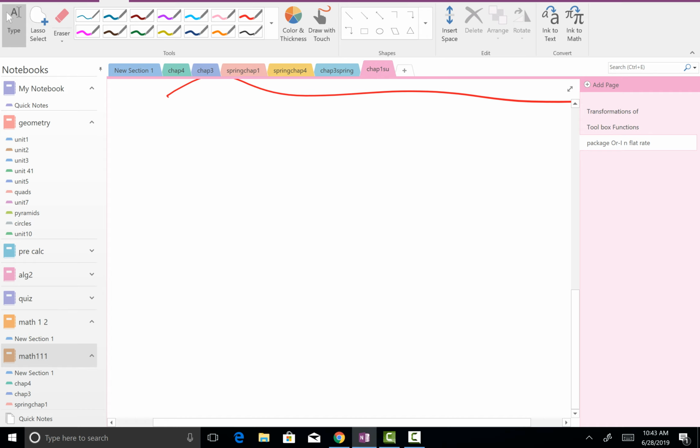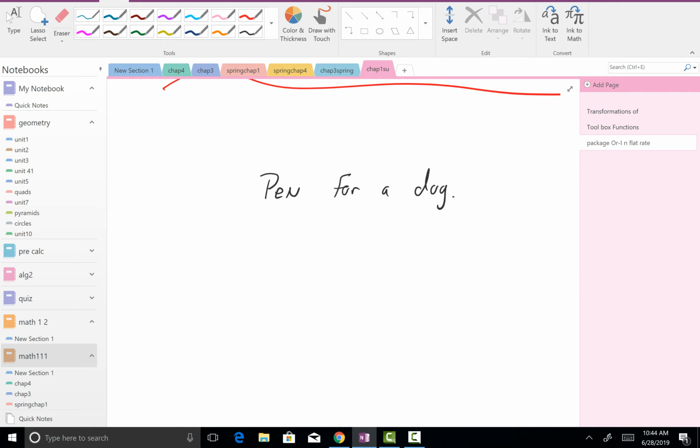But if I start out with, there's a couple of problems in the homework that start off with, say you have a pen. You're going to make a pen for a dog. Maybe it's a puppy. All right. And this problem is one that's been used many times. It's something you probably have already seen before.